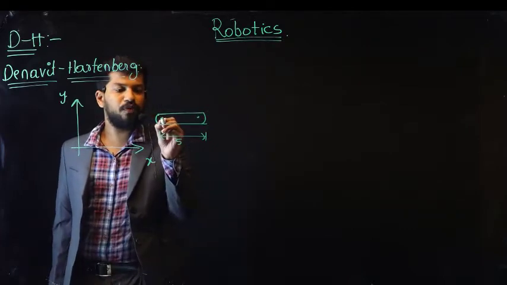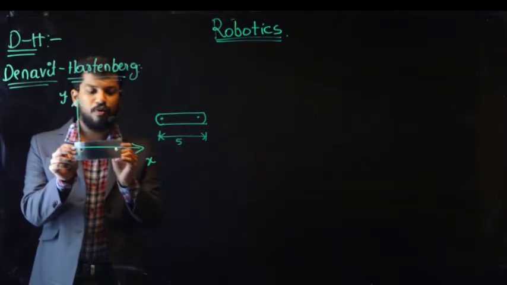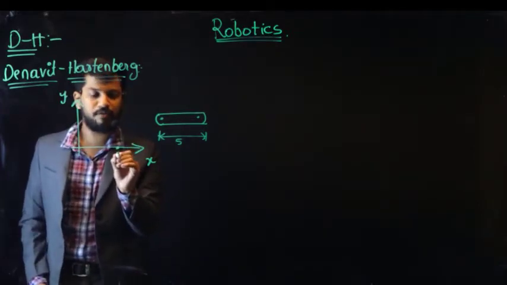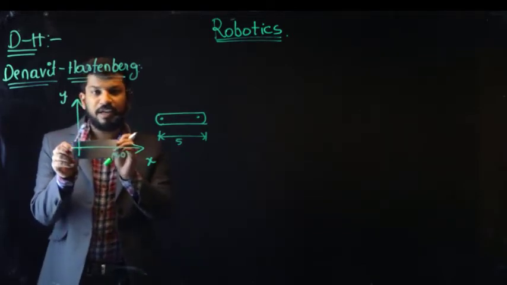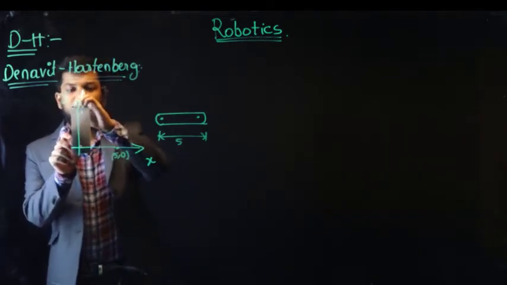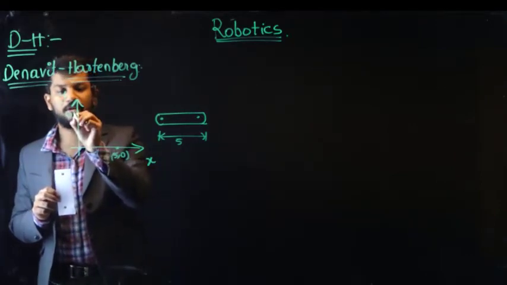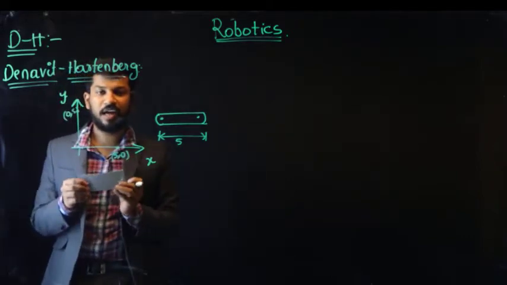If I place this entire link here, to identify that point exactly, as it lies completely on the x-axis, this point will obviously be 5, 0. And if the same link gets inclined and you want to identify a point somewhere here, obviously it will be 0, 5, as that link is on the y-axis.